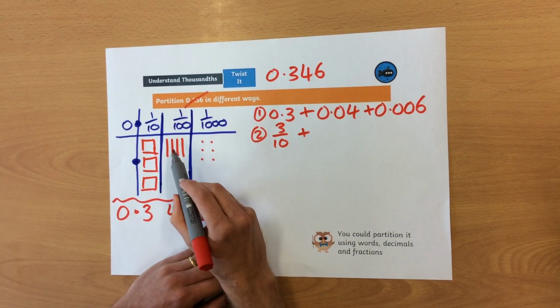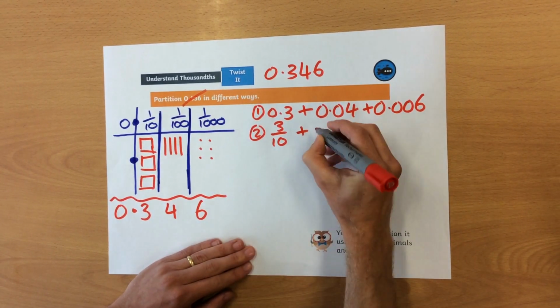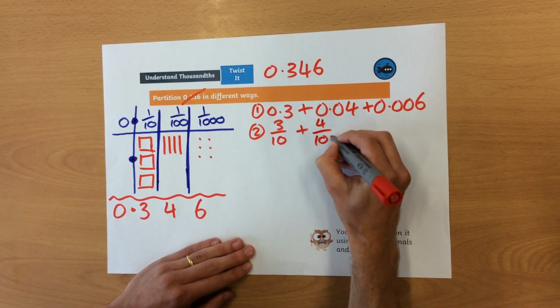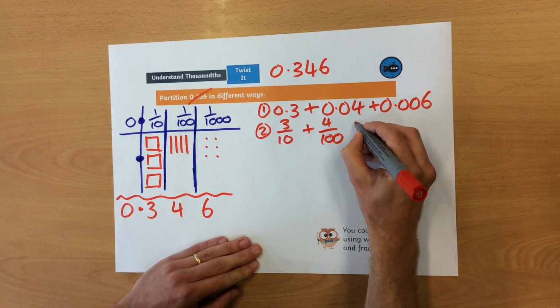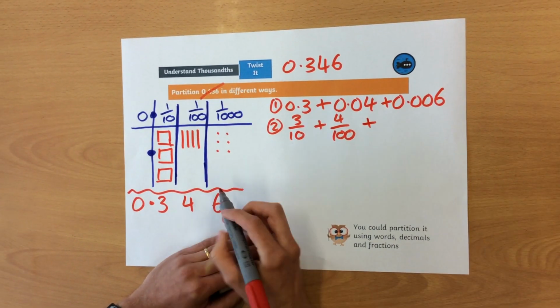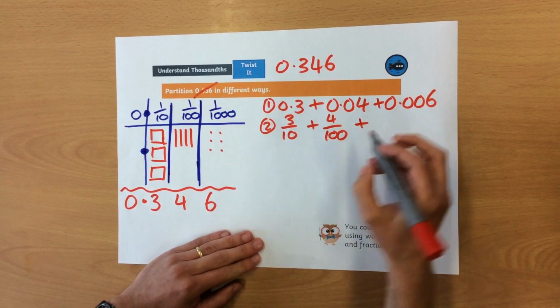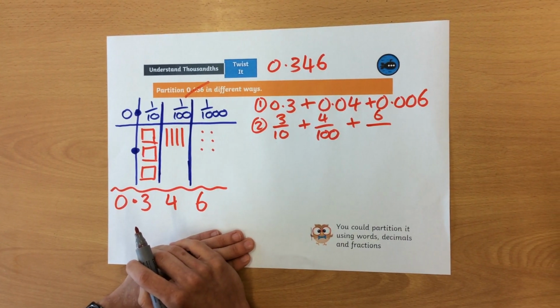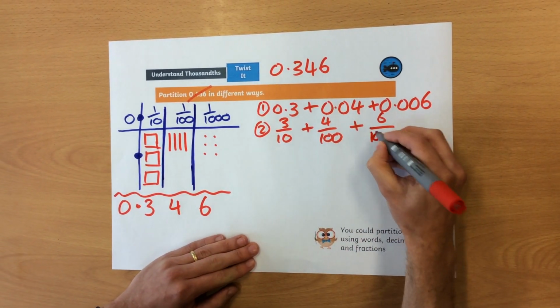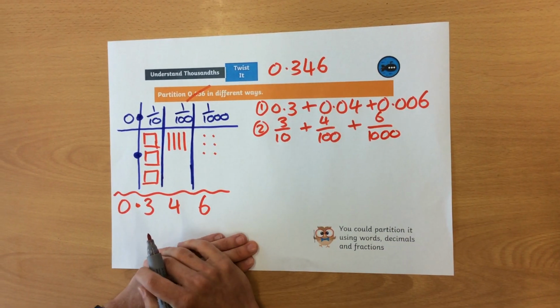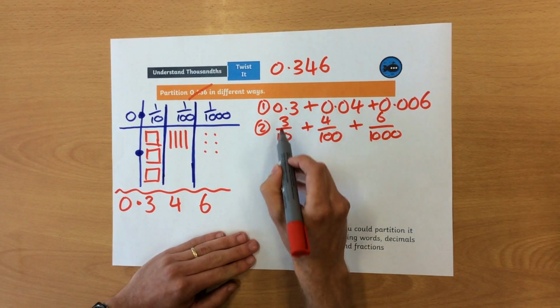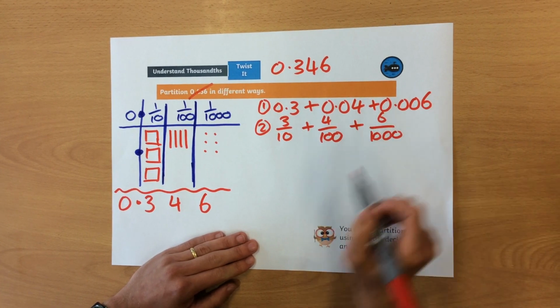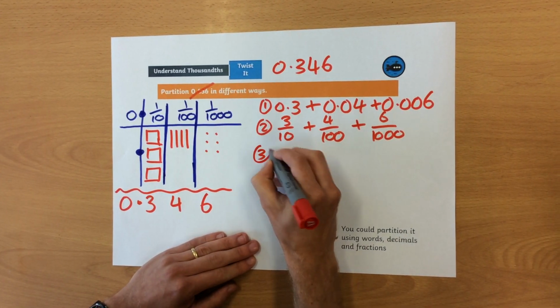I'm going to go back to my place value chart, 4 hundredths. 4 will be my numerator, and 100 is my denominator. And finally, looking at 6 thousandths, 1, 2, 3, 4, 5, 6. 6 will be my numerator. What do you think the denominator is going to be, everyone? Yeah, I can hear you shouting out the screen. 1,000, Mr. Conway, and it is 1,000. 3 tenths plus 4 hundredths plus 6 thousandths. So we've now used fractions.